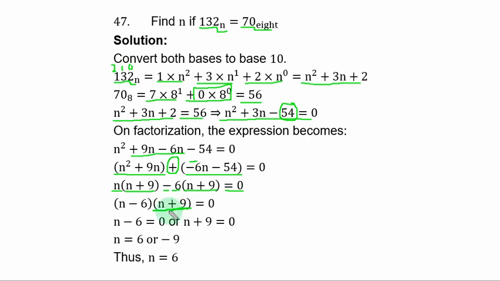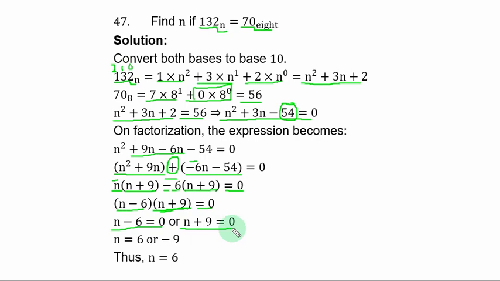You factor it out, you are left with n minus 6 that forms the second term. You equate everything to 0, so you have n minus 6 in bracket, n plus 9 in bracket equal to 0. You equate each term to 0 such that n minus 6 is equal to 0, or n plus 9 is equal to 0.